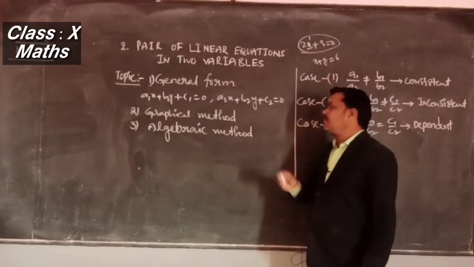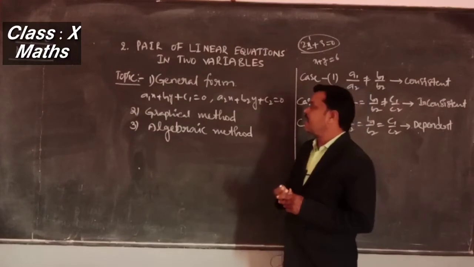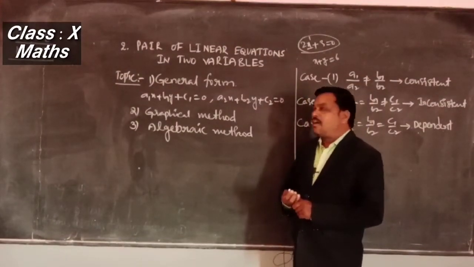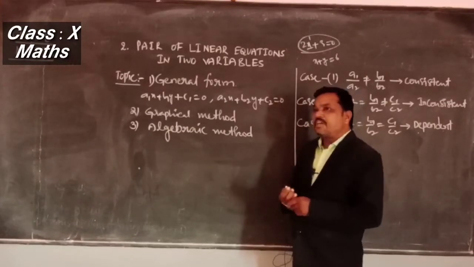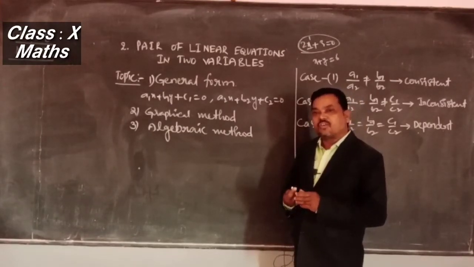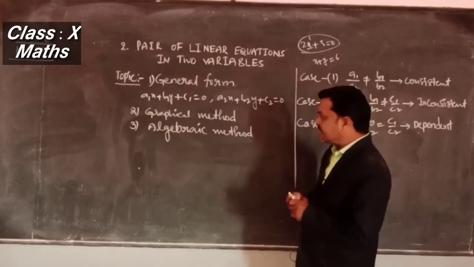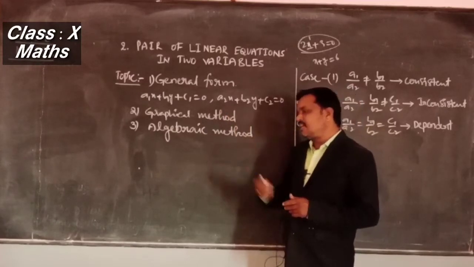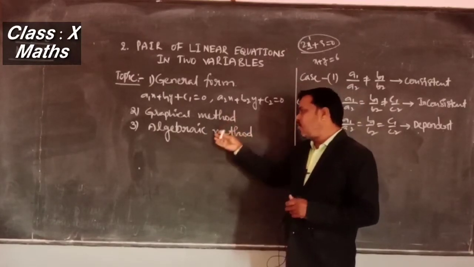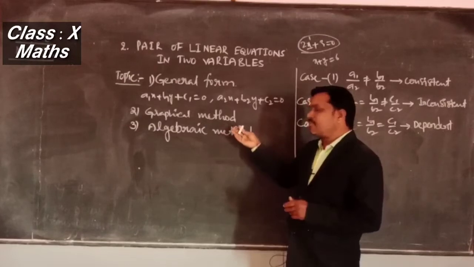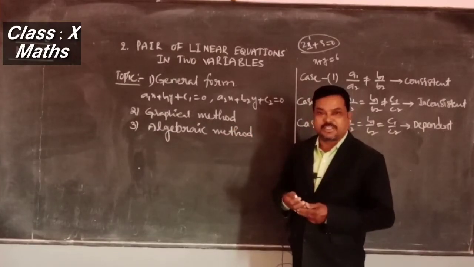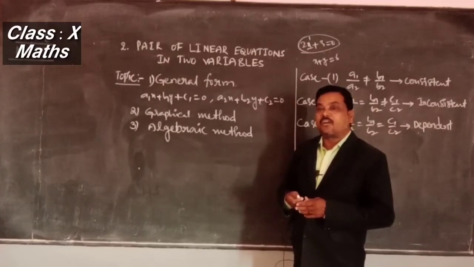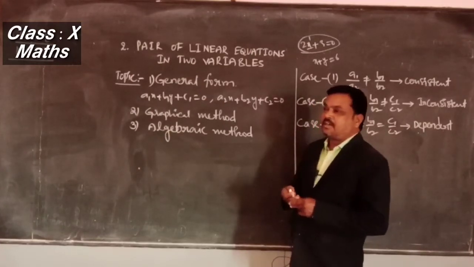In this class we are going to discuss the general form of pairs of linear equations, how we can represent them, and how we can solve them by using different methods. There are two methods, graphical method and algebraic method. In the algebraic method there are again three methods: substitution method, elimination method and cross multiplication method.